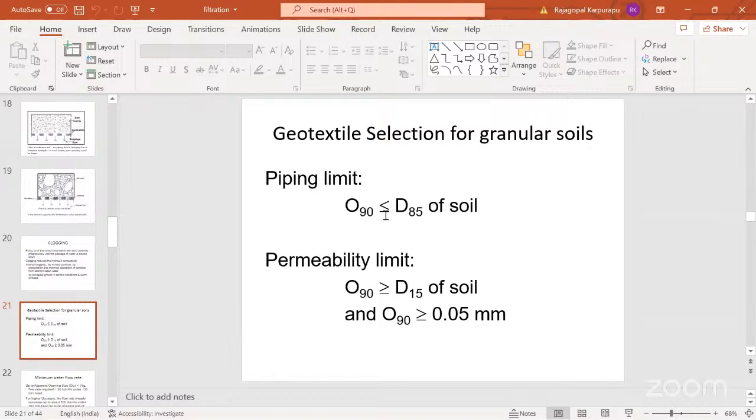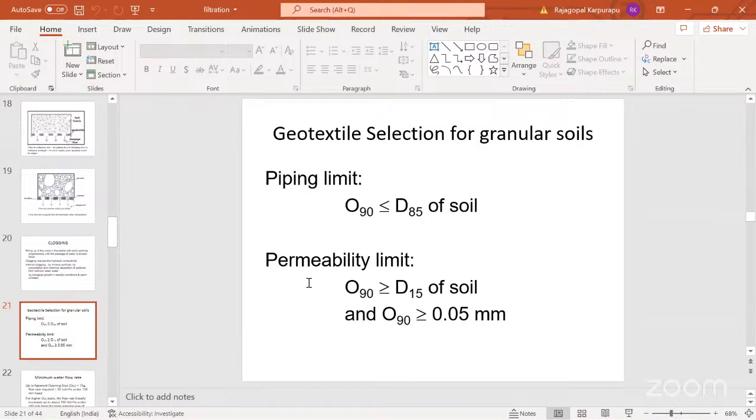If D85 is, let's say, 1.5 millimeters and D15 is 50 microns, O90 should be less than 1.5 millimeters. So any geotextile that has an O90 of less than 1.5 millimeters can be used for filtration purposes.